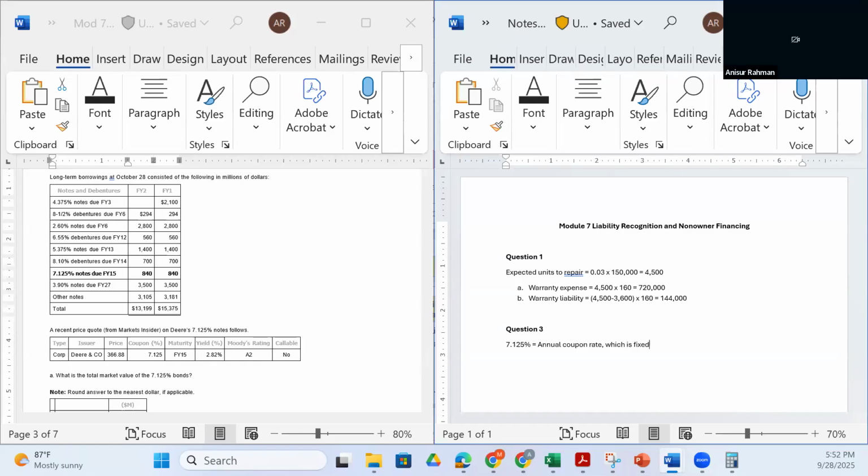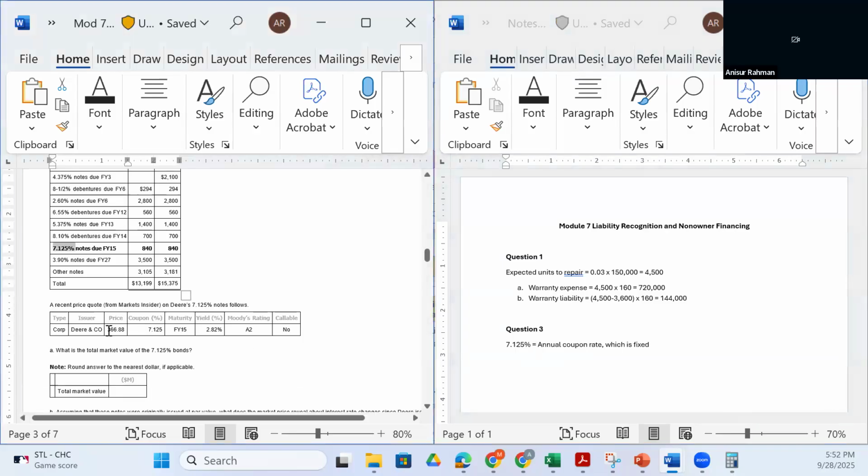So very important for you to remember. So for $100 annually, the company, Deere, has to pay $7.13 each year. And companies usually pay these semi-annually, so then you have to divide it by 2. Okay, now it says price.